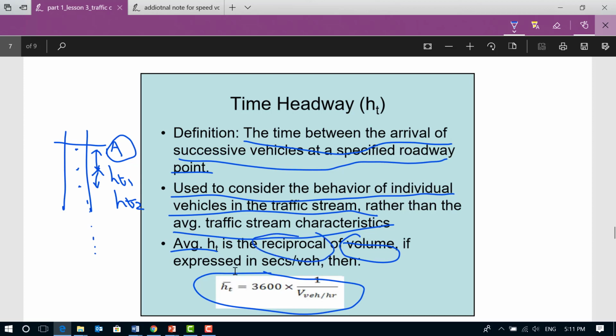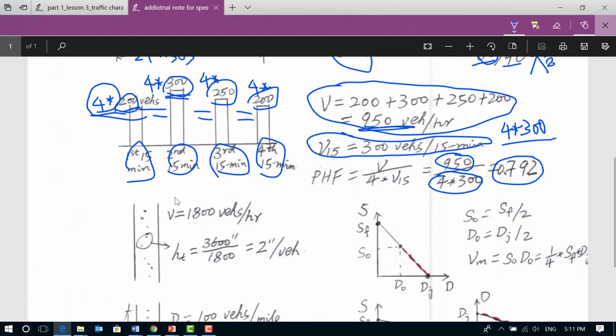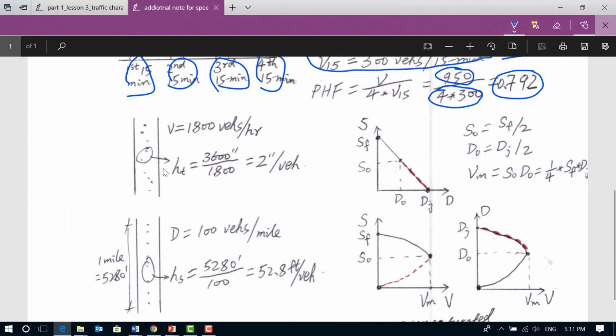Reciprocal of volume. Why? Let's go to the additional note. Let's assume you have 1800 vehicles per hour. In other words, the 1800 vehicles share the 1 hour. Each two vehicles will, on average, share what? 2 seconds. Why? Because 1800 vehicles share 3600 seconds.